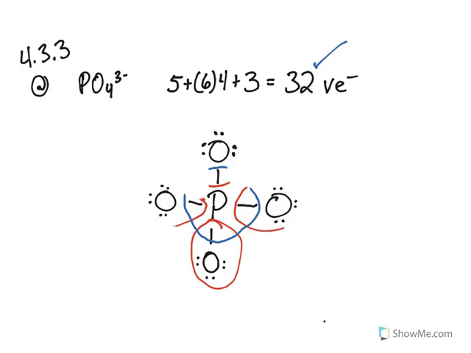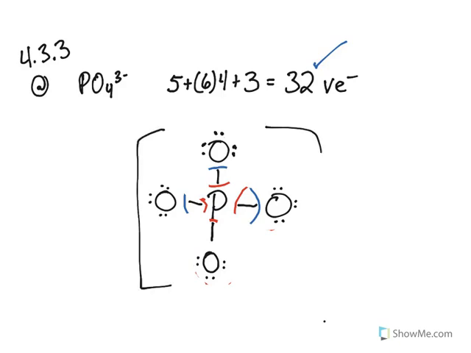Now we have to indicate the charge because that lets us know, if we were to come across this not having just drawn it, someone else drew it and we were trying to figure out what they meant. Indicating the charge helps us to be able to count the correct number of valence electrons compared to what it should be, because if it didn't have the 3- charge, we would only have 29 valence electrons. So we're going to put the brackets around, and we'll have a 3- charge on the outside, and that's going to be the structure for phosphate.